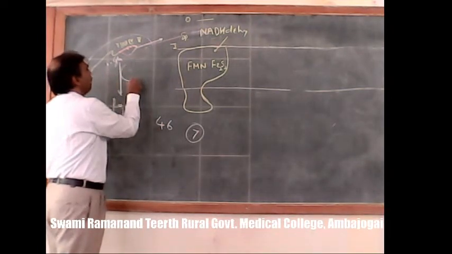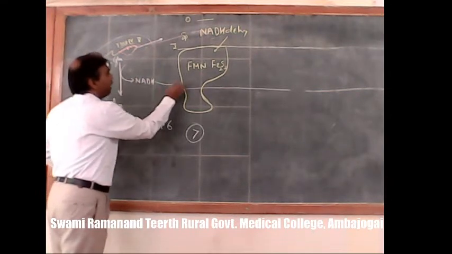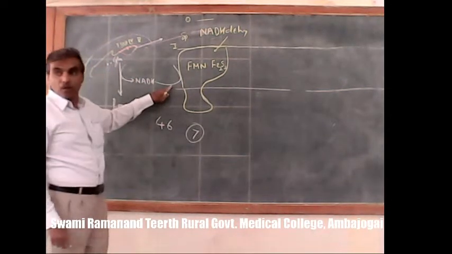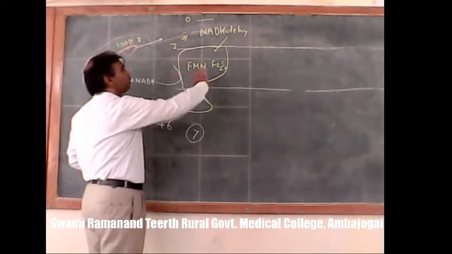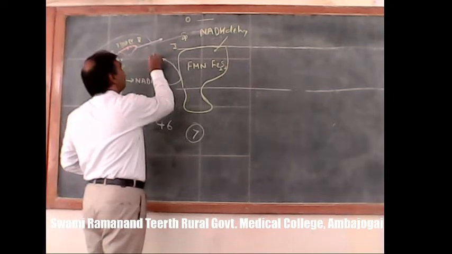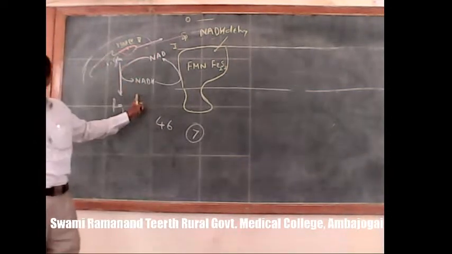So NADH is given. This NADH donates its protons to this complex one, or complex one snatches it, and it gets converted to NAD, which can be used again for the oxidative processes.